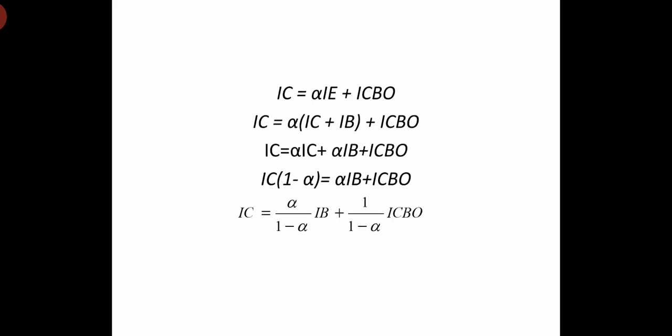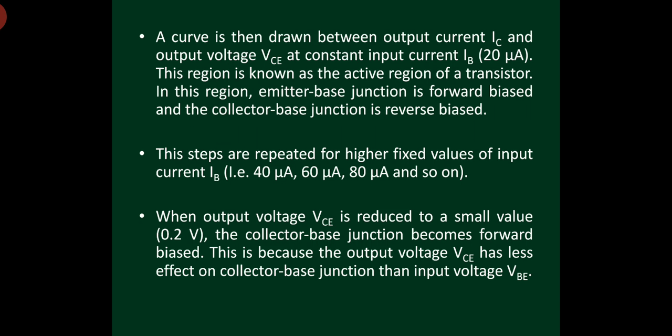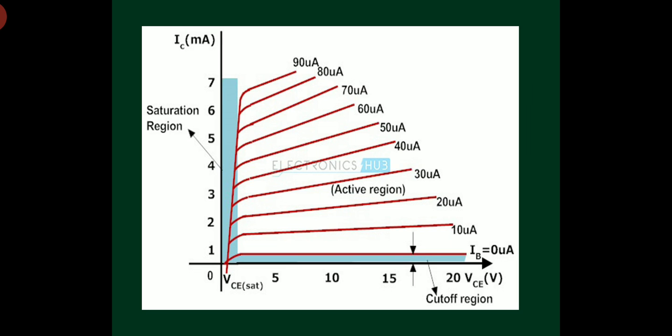So even though ICBO is very, very small, it is multiplied by the term 1 by 1 minus alpha. Therefore, even if IB equal to 0, we get a small amount of current IC.